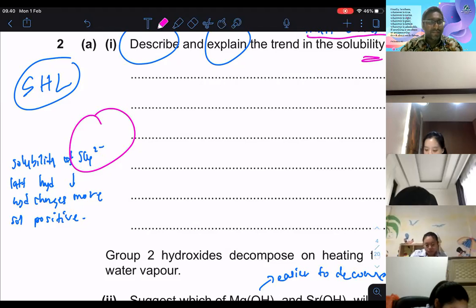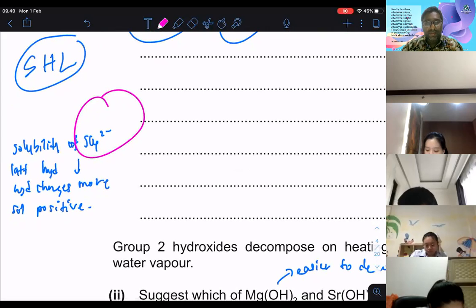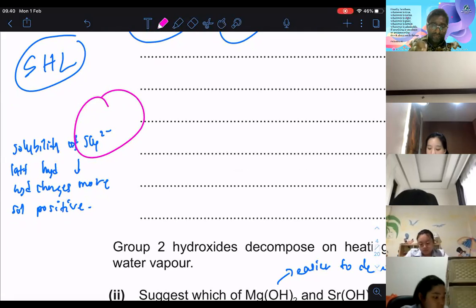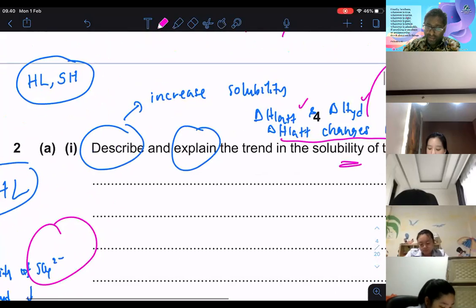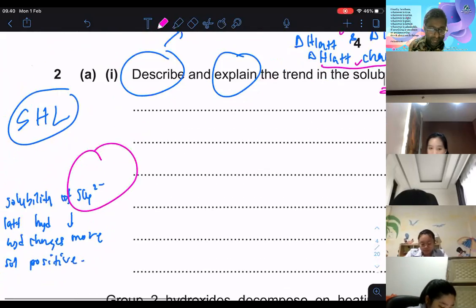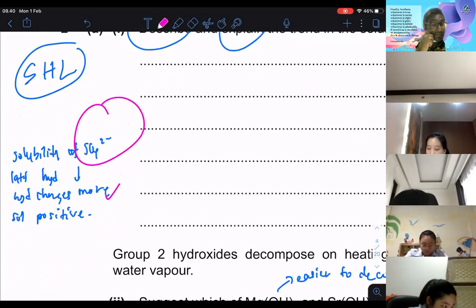Why? The enthalpy of lattice and hydration are going to become less exothermic. That is actually the same for hydroxide and sulfate. But which one changes more? For hydroxide, the one that changes more is lattice. In this case, the hydration changes more compared to lattice.